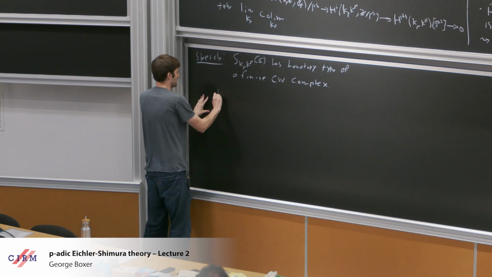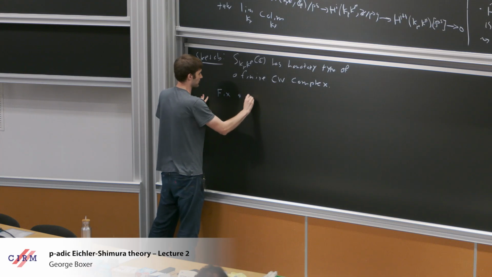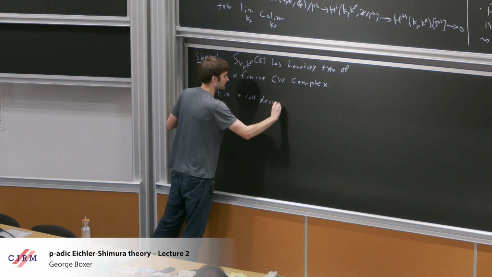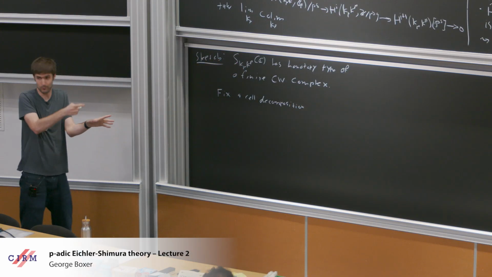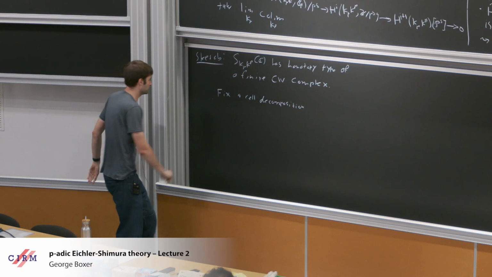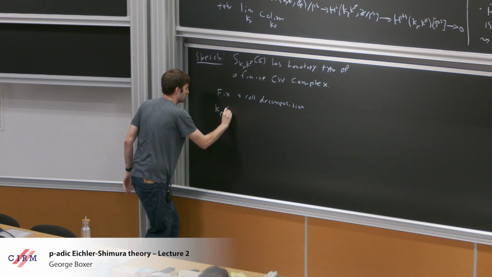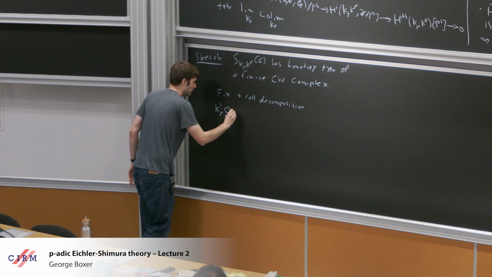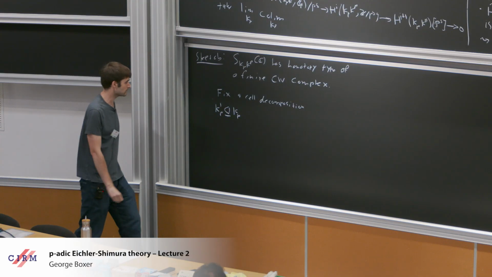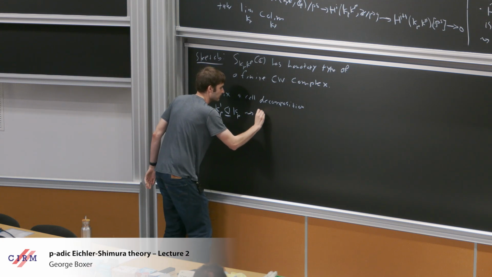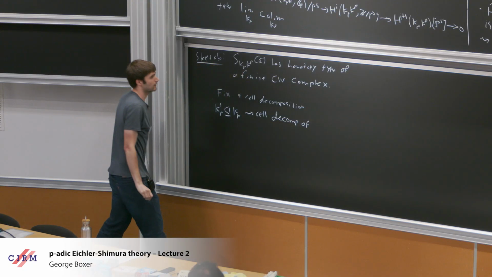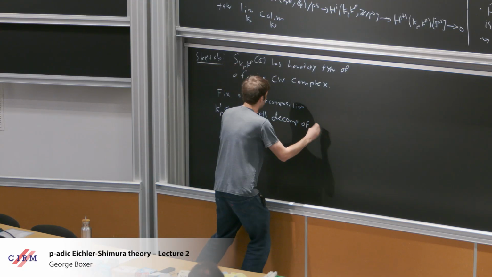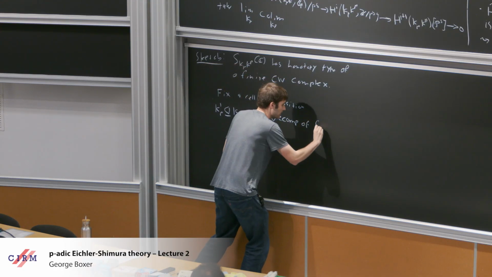So let's fix a cell decomposition. And now let's consider what we get when we go to deeper level. If we take K_p' normal in K_p, we get a cell decomposition of the deeper level just by pulling back.